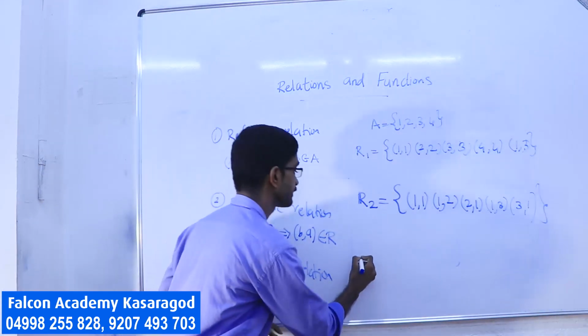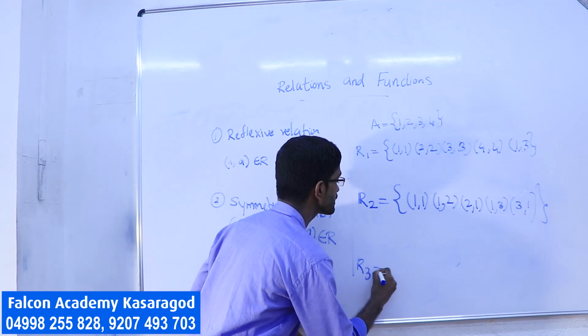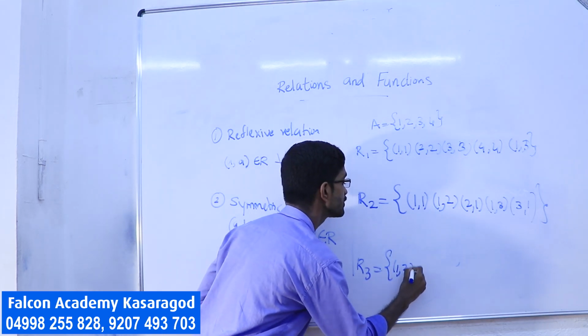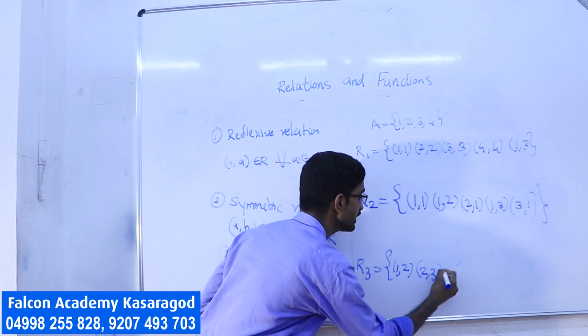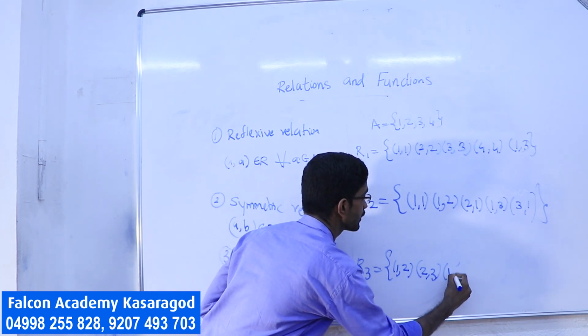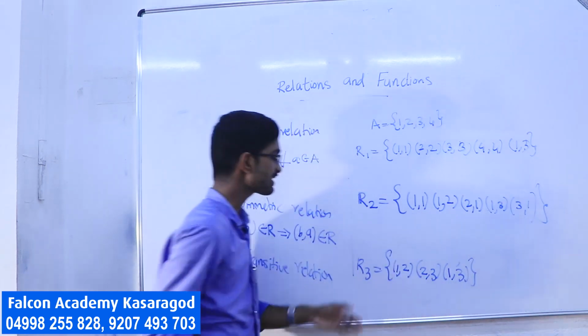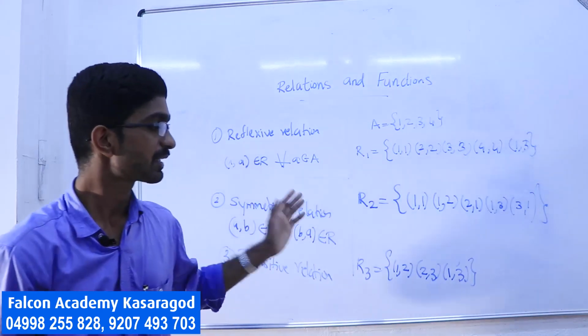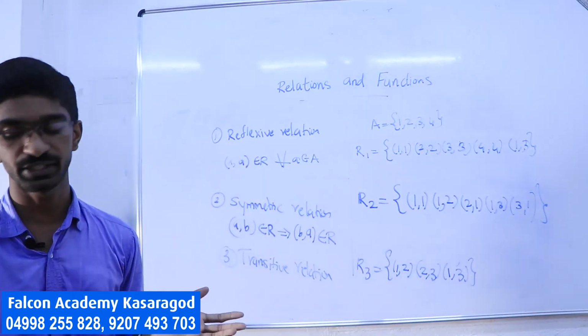So I can define here R3 as maybe 1, 2, 2, 3 and 1, 3. This is an example for a transitive relation. What is a transitive relation?